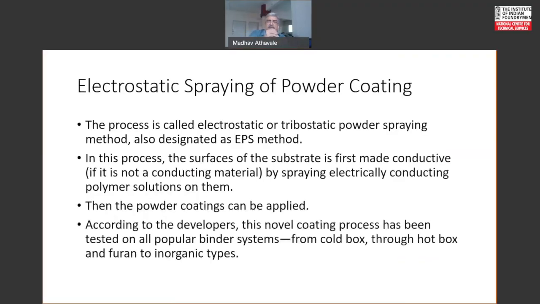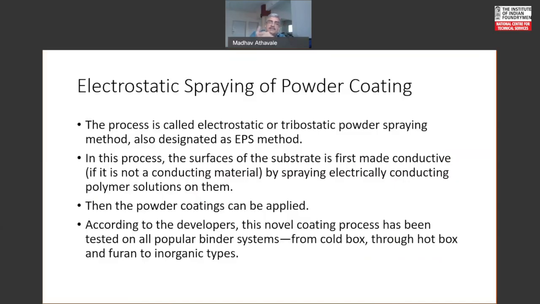Like I said earlier, I had some experience of this, but it was on green sand, where because water is a dipole, we could apply the coating onto the surface of the green sand mold. Now, the application that we had chosen was a high pressure molding line making engine block casting.